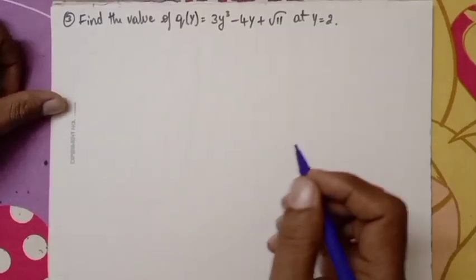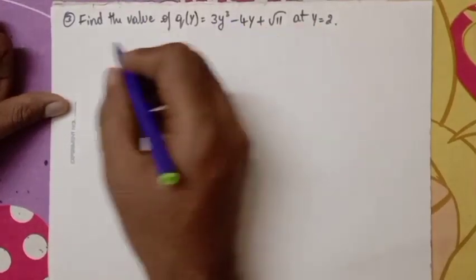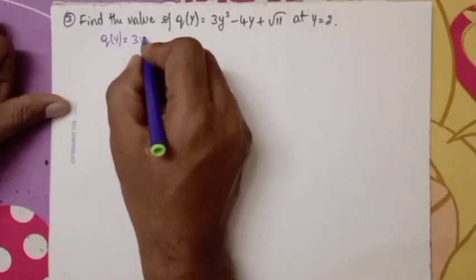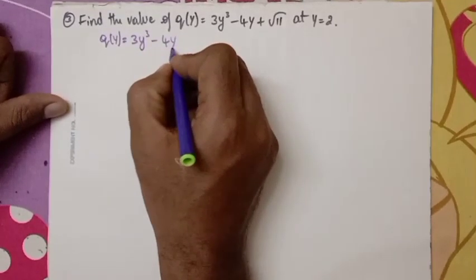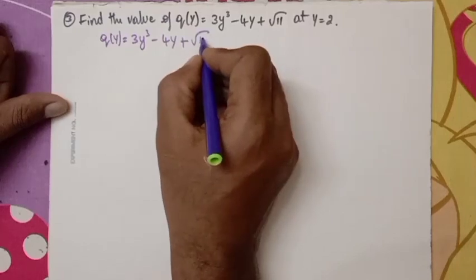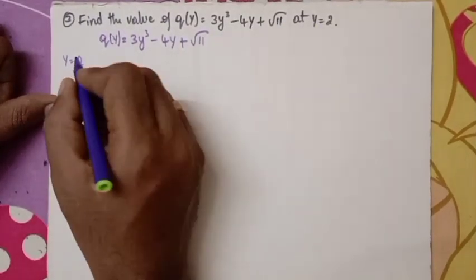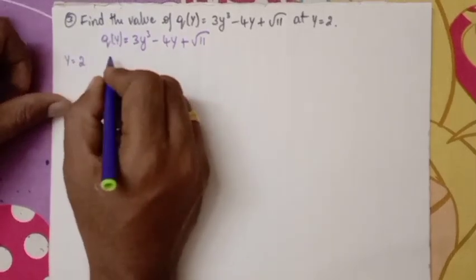Find the value of q of y is equal to 3y cube minus 4y plus root of 11 at y is equal to 2. So let us substitute the value of y in the polynomial.